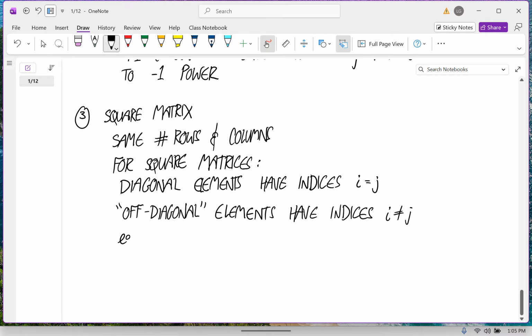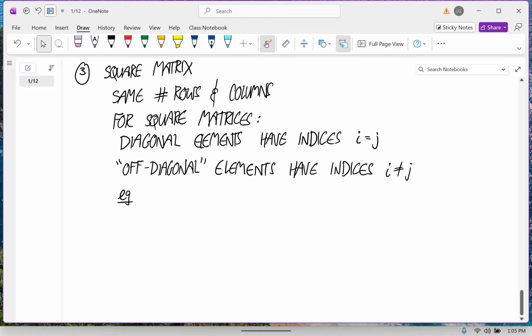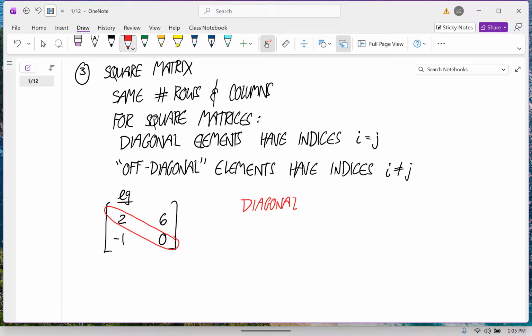So for example, if we have the square matrix 2, 6, -1, 0, then these are the diagonal elements. And these are the off-diagonal elements.